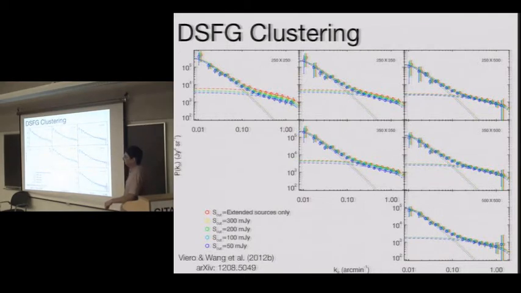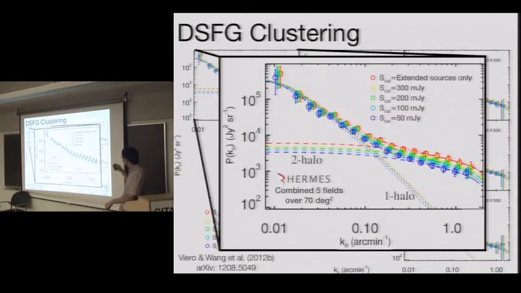Here it is. This is the power spectrum in every band, 250, 350, and 500 microns. This is the cross-frequency power spectrum, 250 and 350, and so on. These different colors, I'll explain. Zooming into the 250 micron power spectrum, you see that I have these different numbers here.